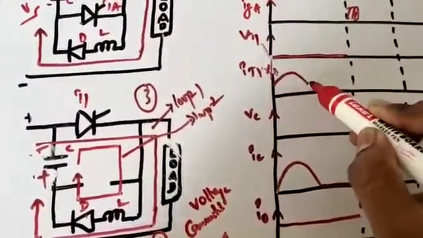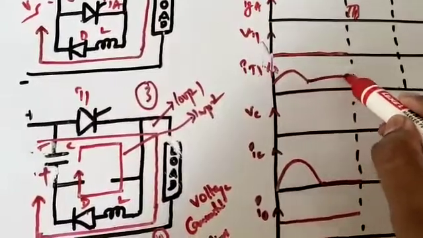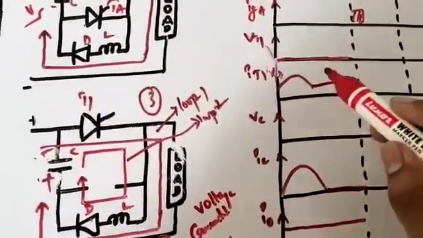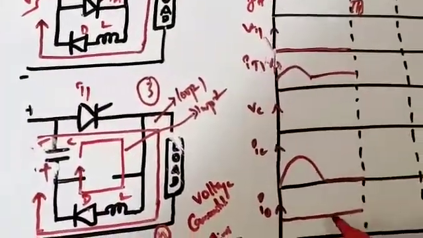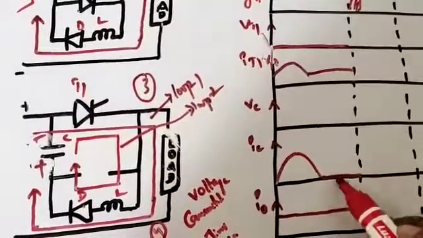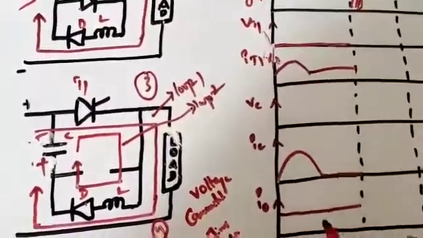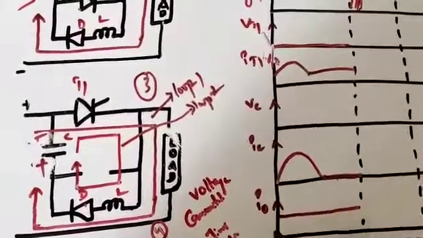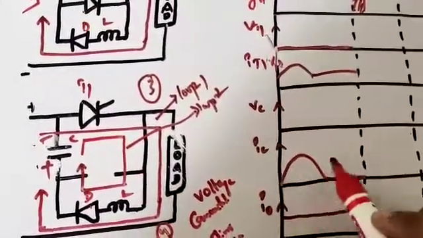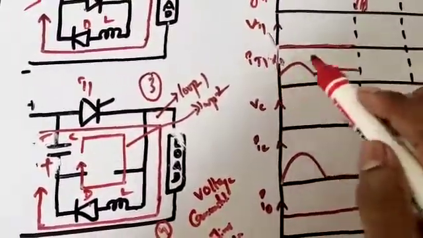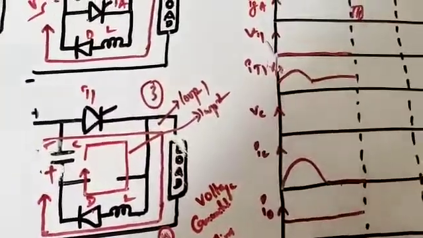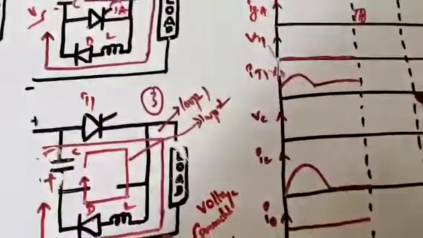In the positive half cycle we are having like this, and load. In the negative half cycle the load current is constant and it is 0. So constant plus 0 will be constant. Understood? And we are having load plus this condition. So these two signal waveforms have been added like this. Understood?